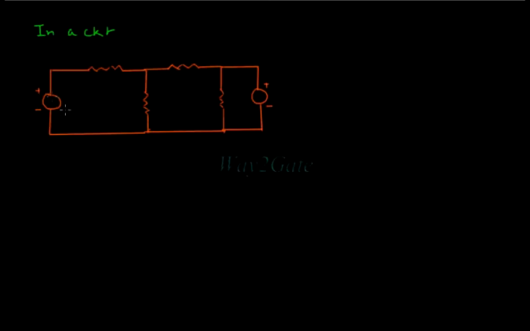Now, let's look at some key points that will help you solve problems while using KVL in the circuit. In a loop, if current Ix flows out of voltage source V1, then the same amount of current, that is Ix, will come back to voltage source V1.